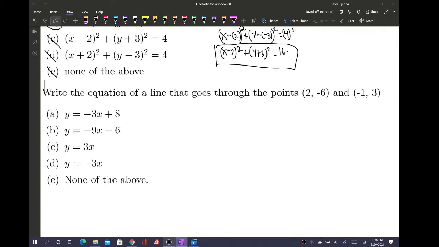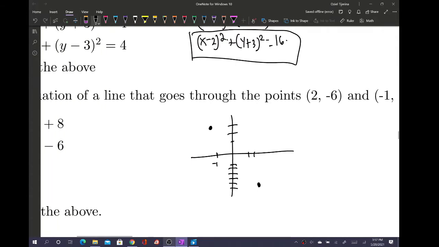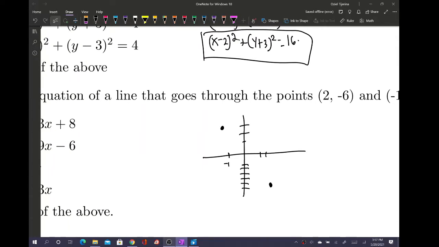Now, the first thing you have to do, and you can always do a sketch. (-1, 3) would be like right here, and (2, -6) would be right here. So you always go from left to right to know where your x1, y1 is and your x2, y2 is.